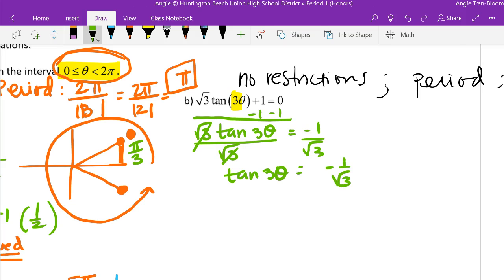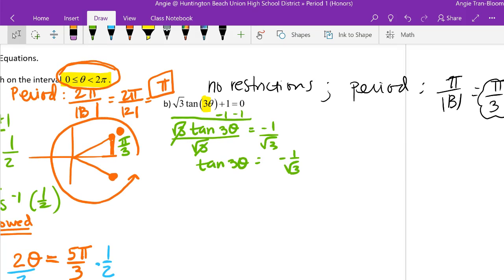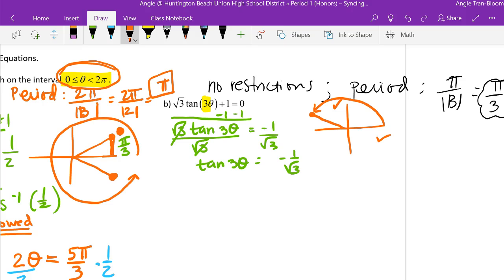I don't have to rationalize this because this is really not my final destination. But I know that tangent is negative in 2 places. It has to be in quad 2 and it has to be in quad number 4. So what is this angle? That's one question. And quad 4 is this one. So what is this angle?